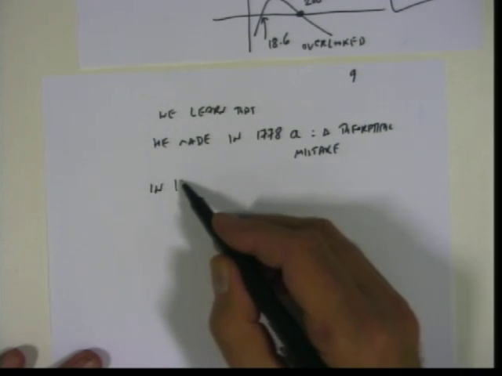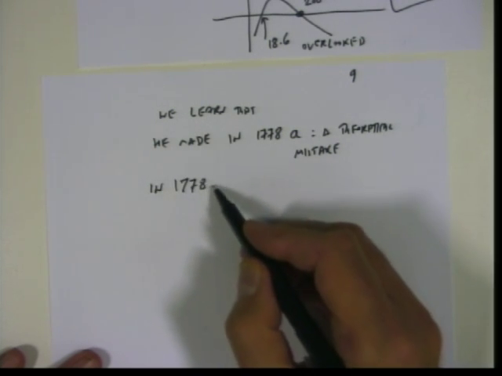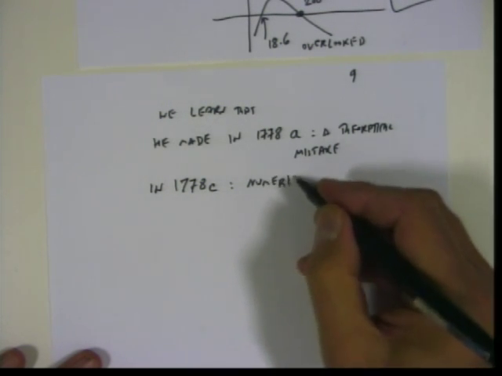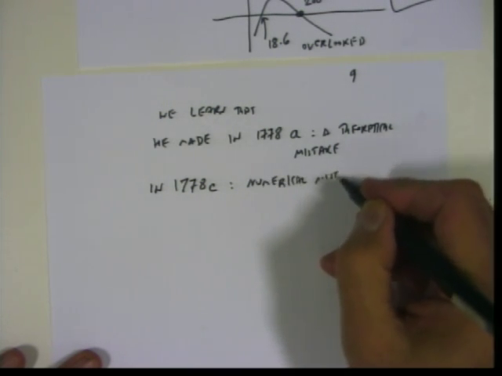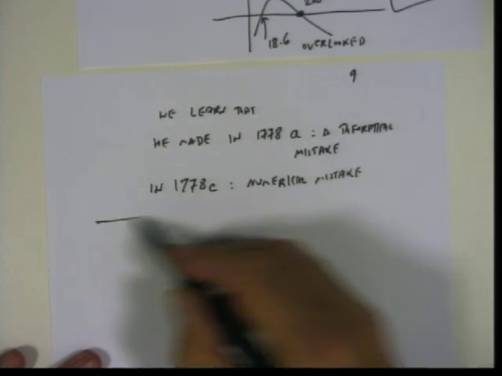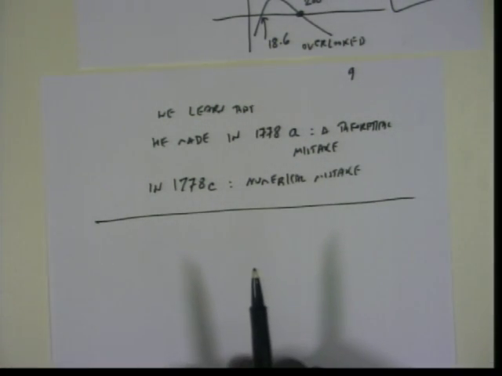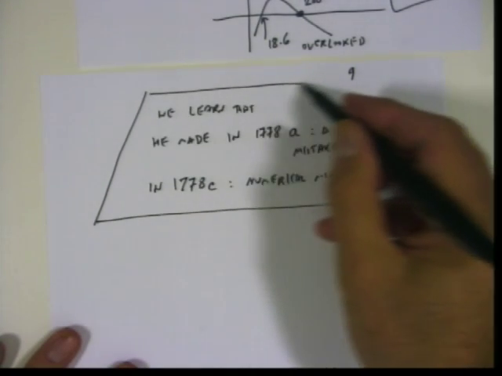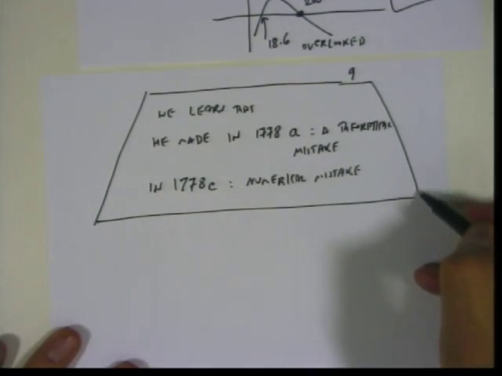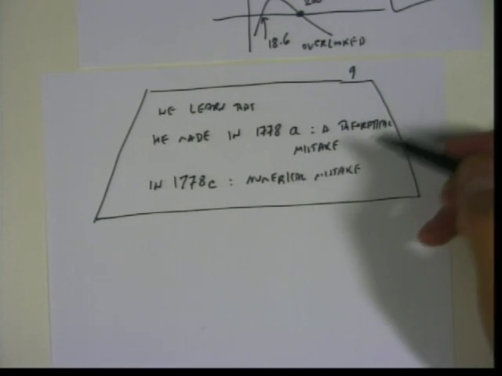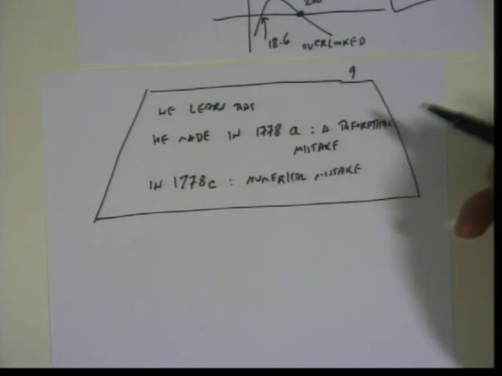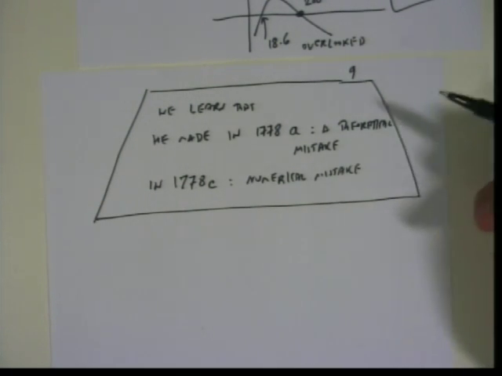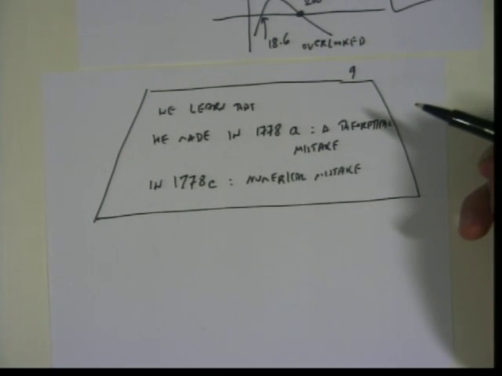And in 1778, he made a numerical mistake. So we chose that these are the two most common mistakes.